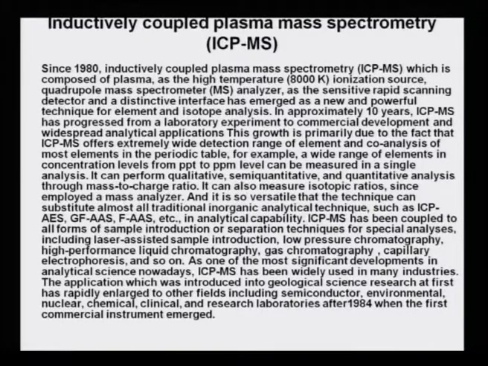In approximately 10 years' time, ICP-MS has progressed from a laboratory experiment to commercial development and widespread analytical application. So, you see, over a period of time, it has become so popular.